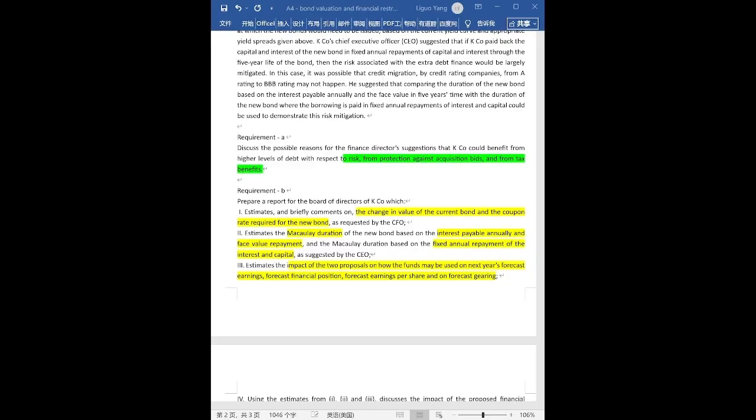And thirdly, let's take it from the perspective of tax shields.